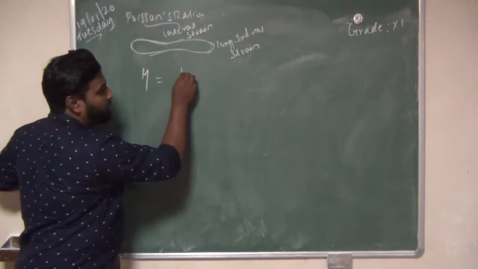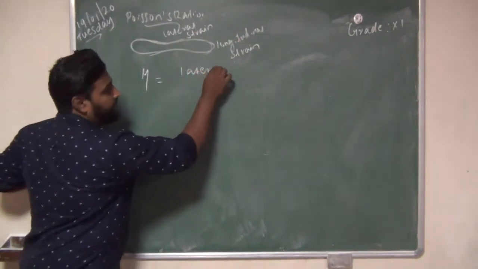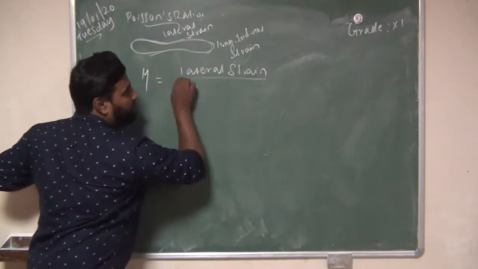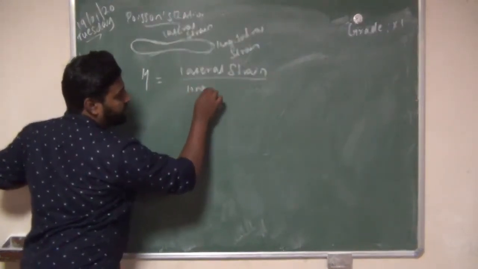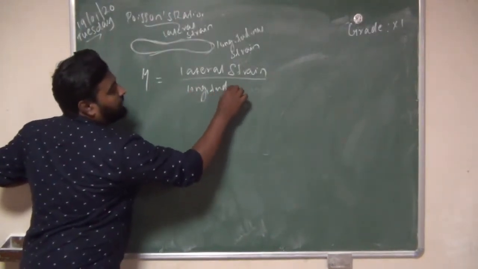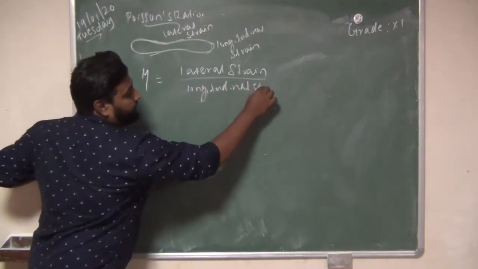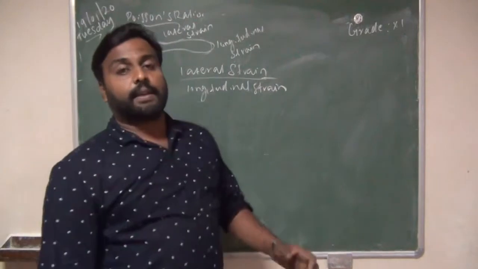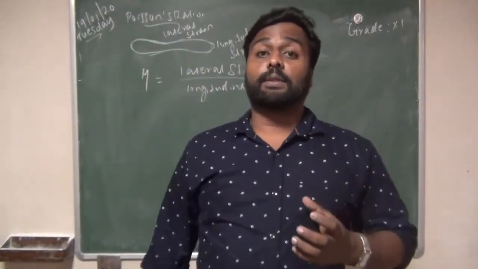Mu is equal to lateral strain by longitudinal strain. This is what we call Poisson's ratio.